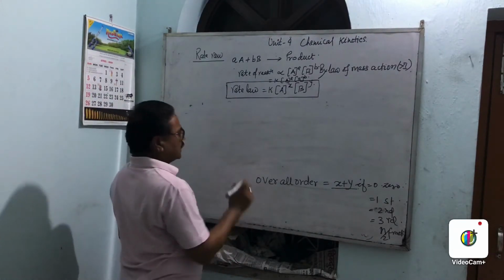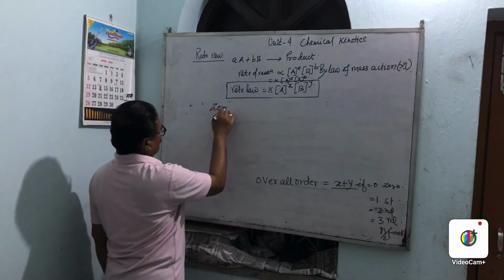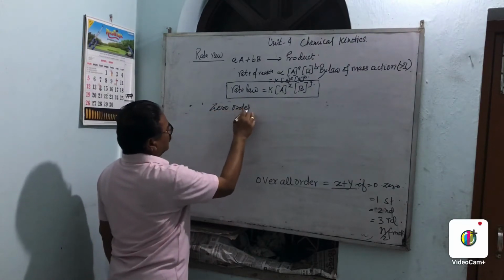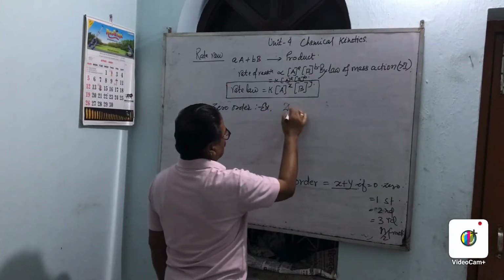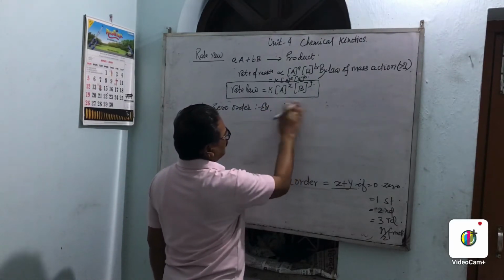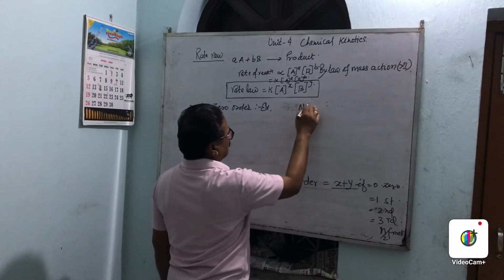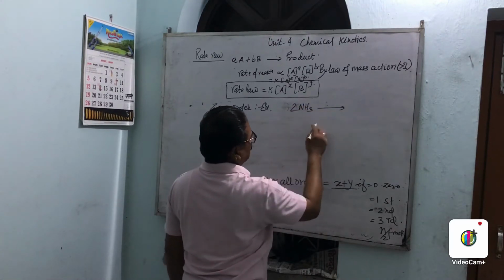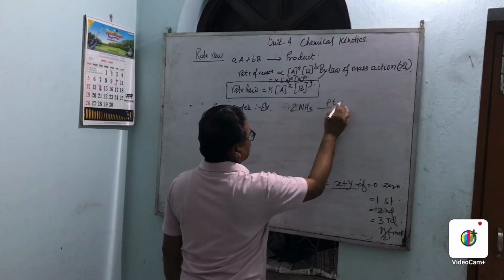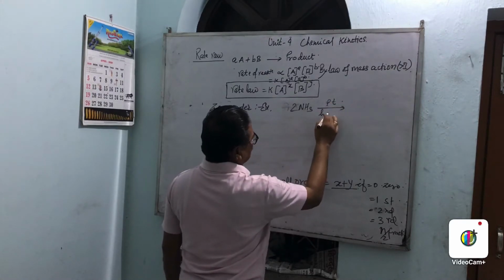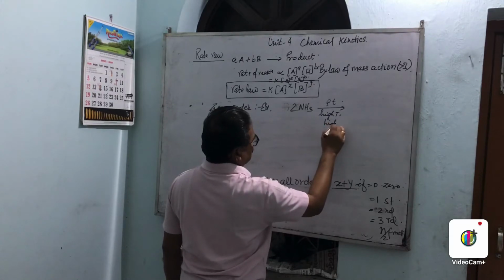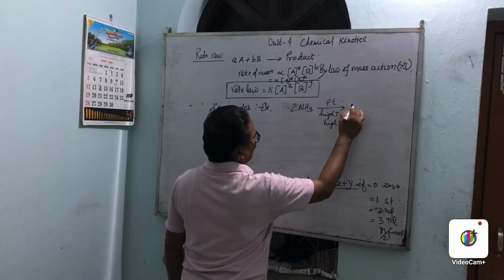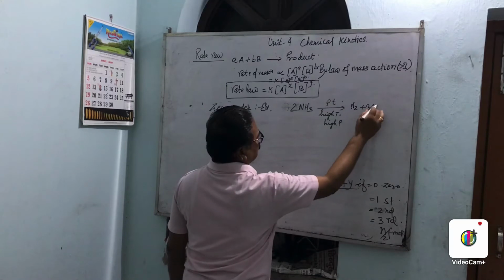The very common example for zero order is the decomposition of ammonia. Written in symbolic form, it is the decomposition of ammonia over platinum catalyst at high temperature and high pressure. It gives N2 plus 3H2.